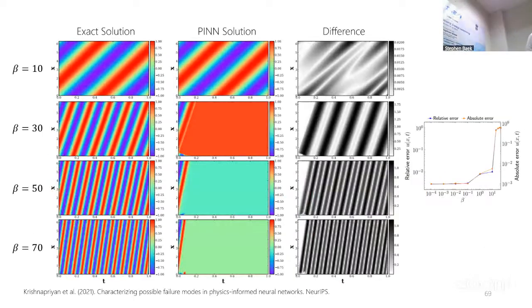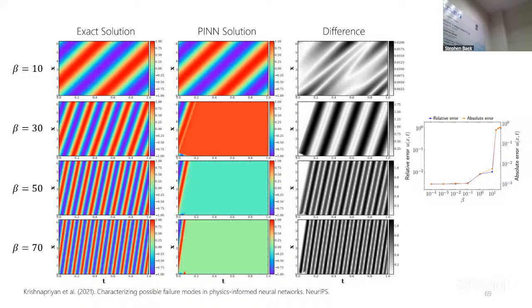Here are some more examples. When beta equals 10, like I said earlier, it's a relatively slow speed, and in that case it preserved the periodic boundary condition and was able to make the prediction accurately. Here's the error plotted over the x-t space, and we're on the order of 0.02, so a relatively small error, about 2%, roughly speaking.